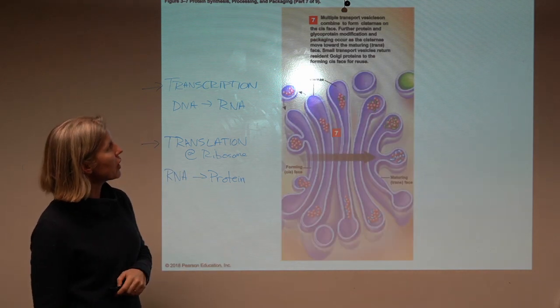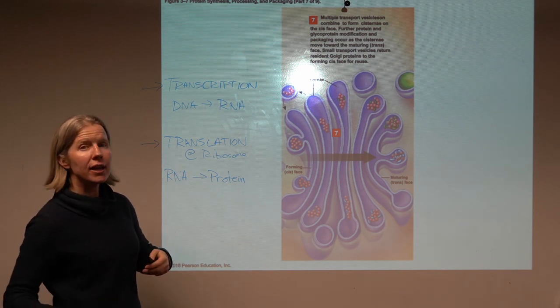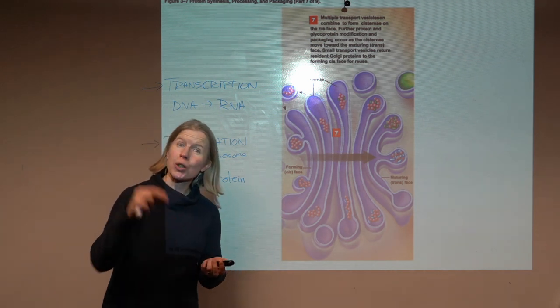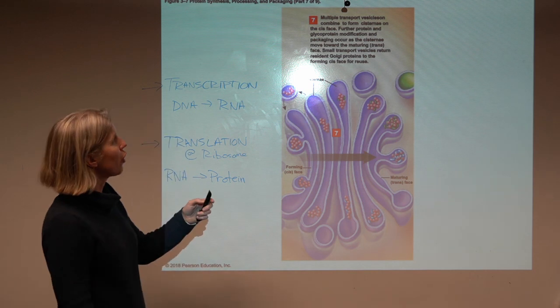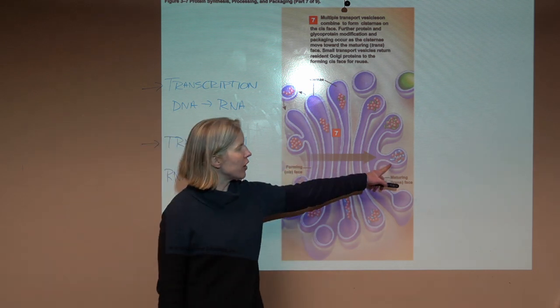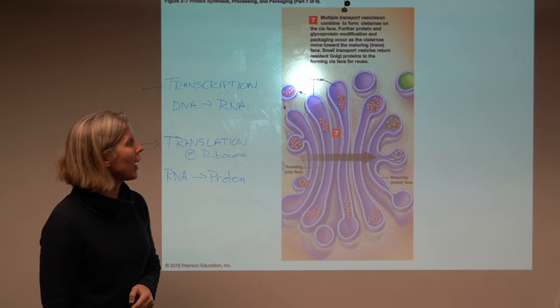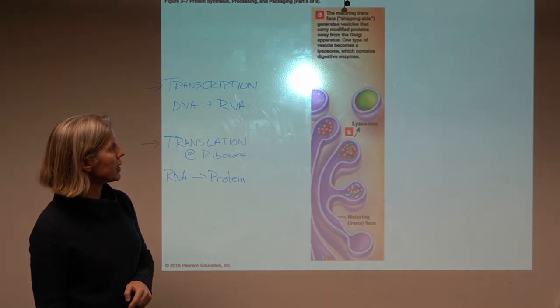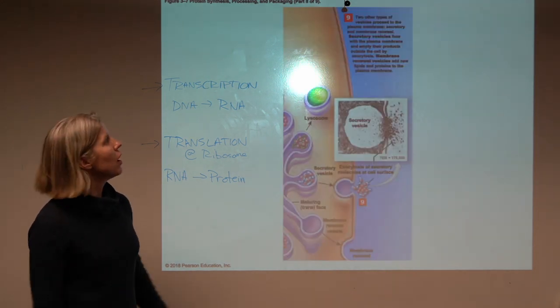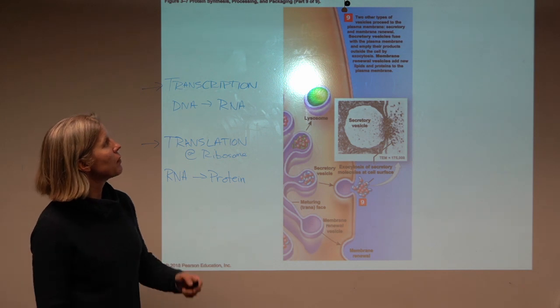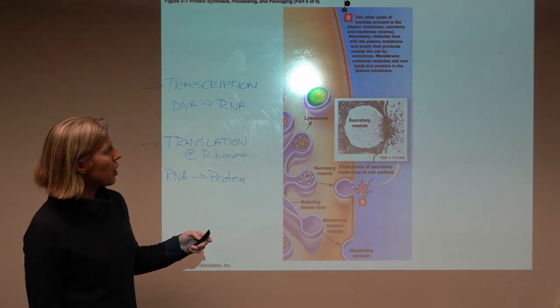In the Golgi apparatus we're able to modify it, so if it was, say, a glycoprotein, if we need to add a sugar on or something like that, we change that protein, we repackage it, and send it through a lysosome to the cell surface where it can actually be exported, right?